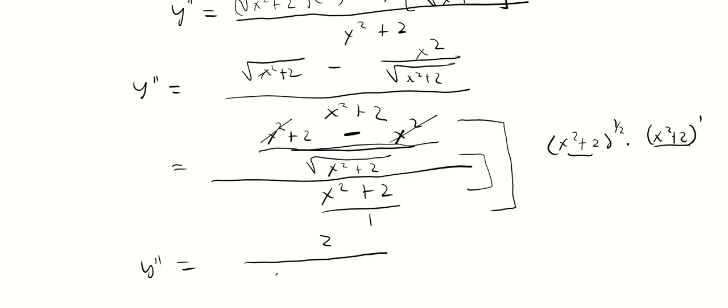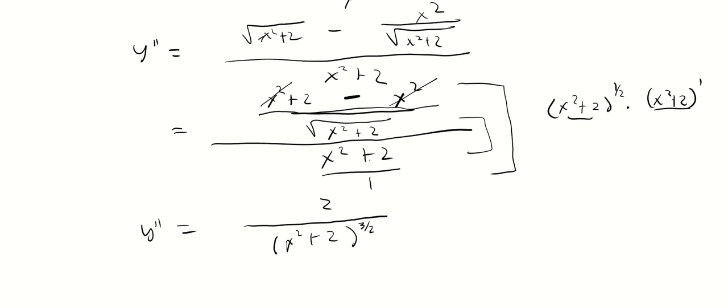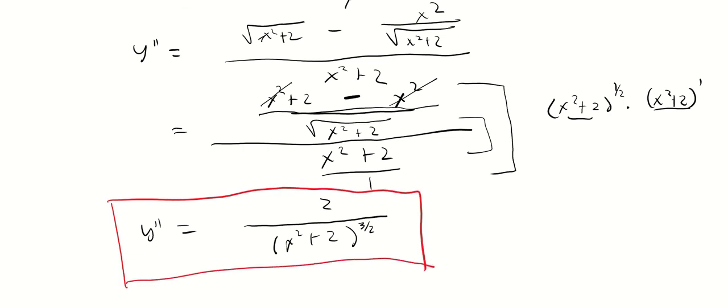So this will be x squared plus 2 raised to 3 over 2. And this is now our answer for y double prime, the second order derivative of y equals the square root of x squared plus 2.